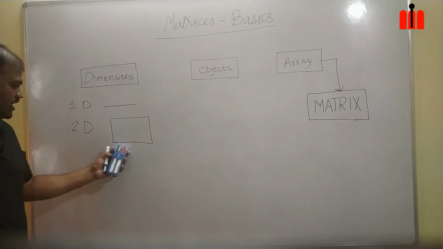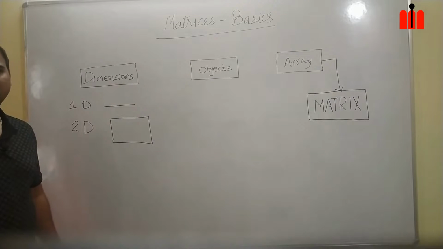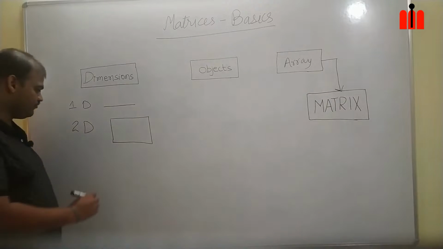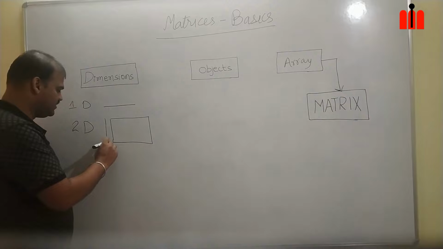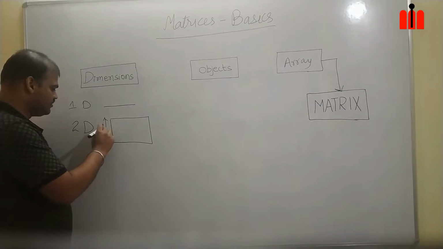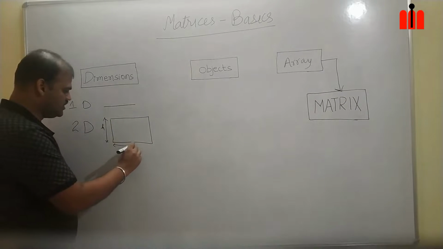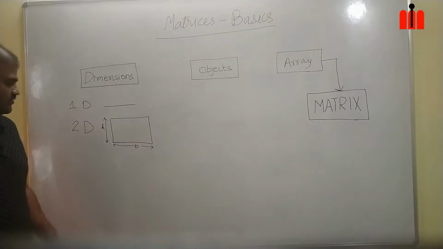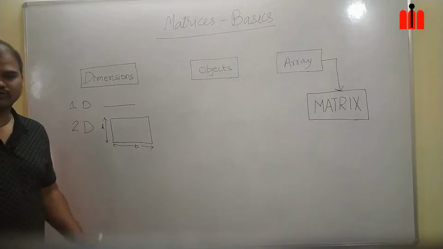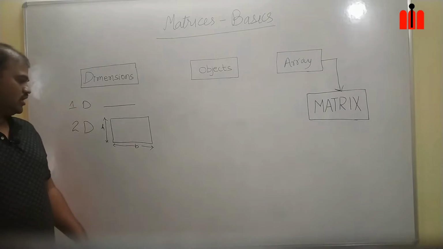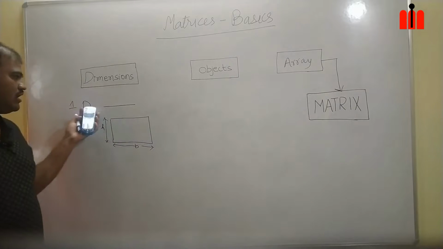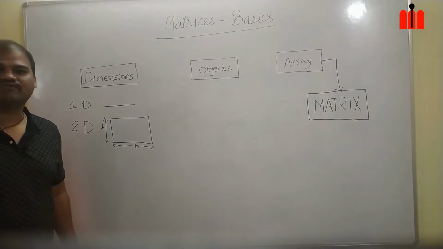Now concentrate more on 2D. In 2D we have this height and we have this breadth. We can tell length and breadth also, not an issue. So this is how a figure is there for 2D.